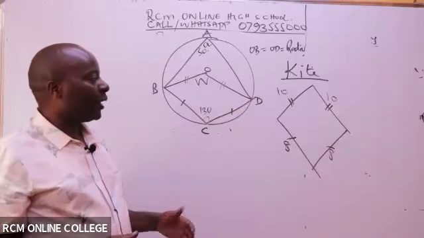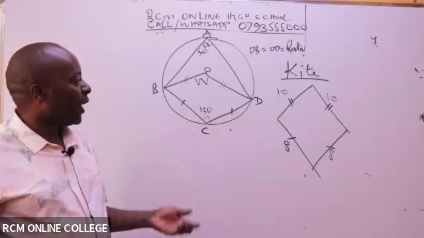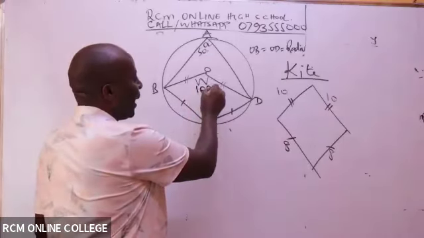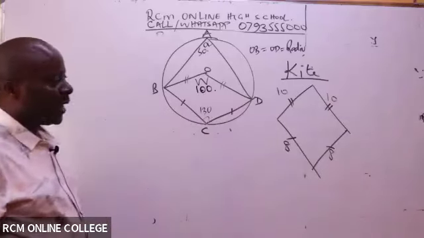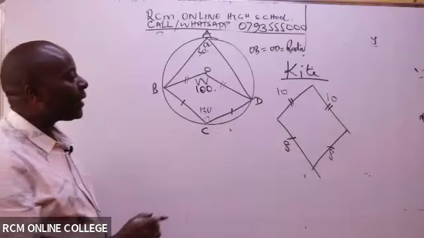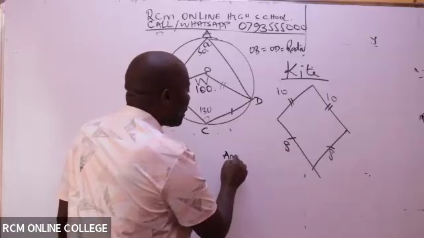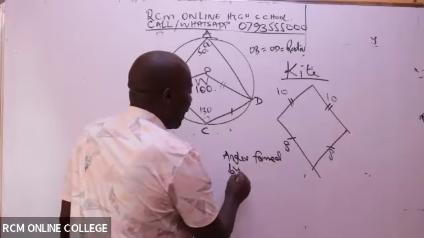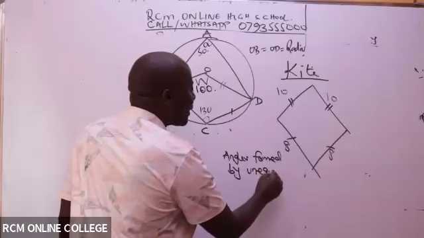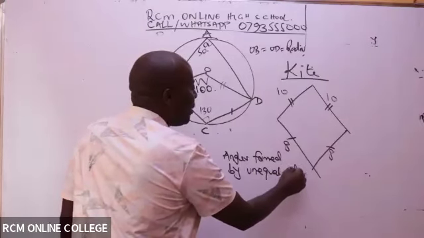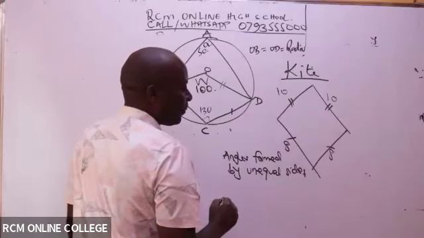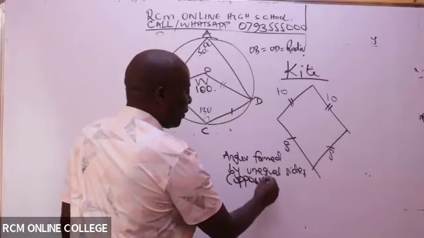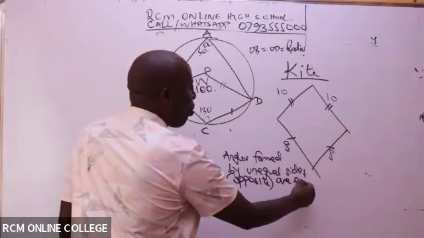Now remember, for a kite, we have gotten this as 100. For a kite, the angles formed by unequal sides, which will always be opposite each other, are equal.